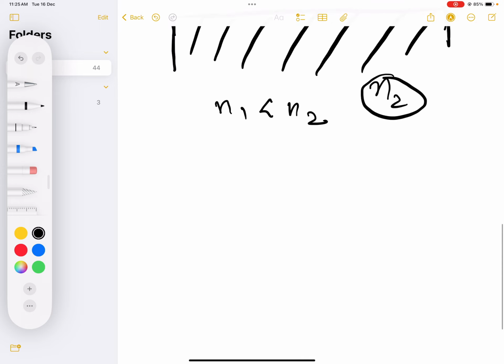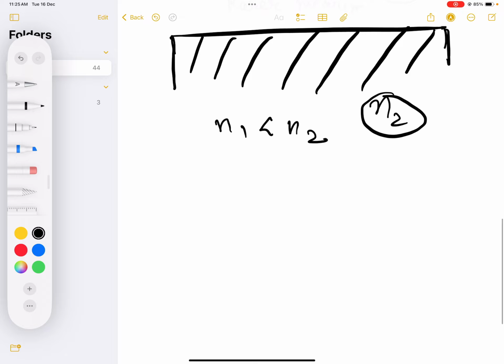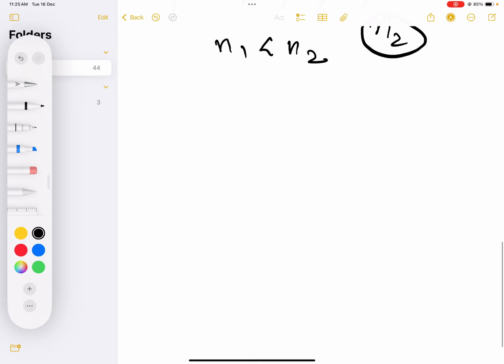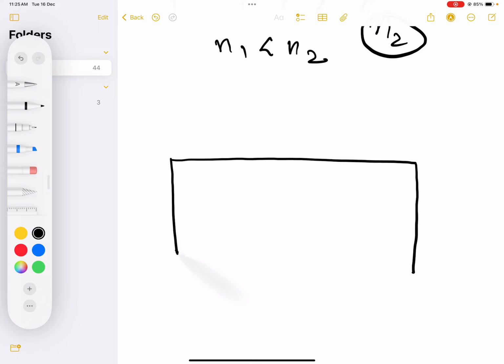Let us consider a source of light right here in the denser medium. So this is the denser medium, and this is the source of light.